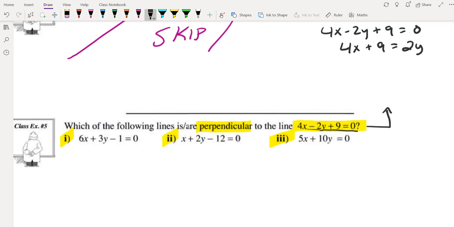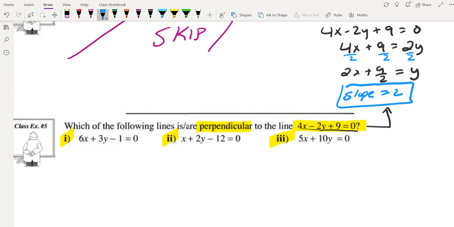Then I'll divide by 2 to isolate y. And we end up with 2x plus 9 over 2 is equal to y. Our slope is equal to 2.